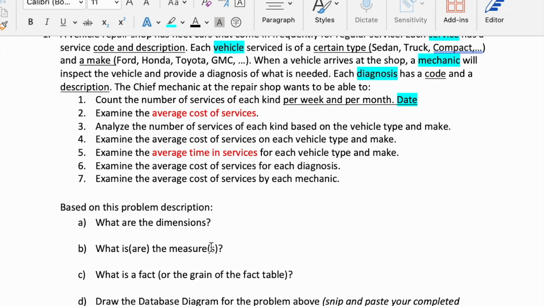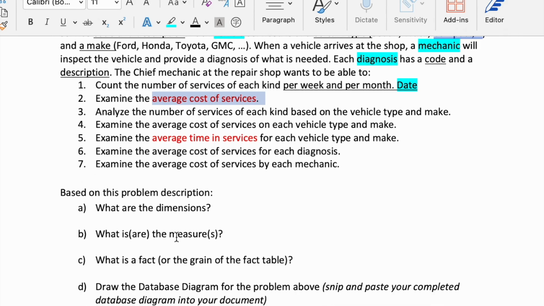Going back to the measures, we include the average cost of service. For each record, there might be a different vehicle, different mechanic, different service, and we also care about the average cost and the average time they used to fix the problem. So those are the measures.